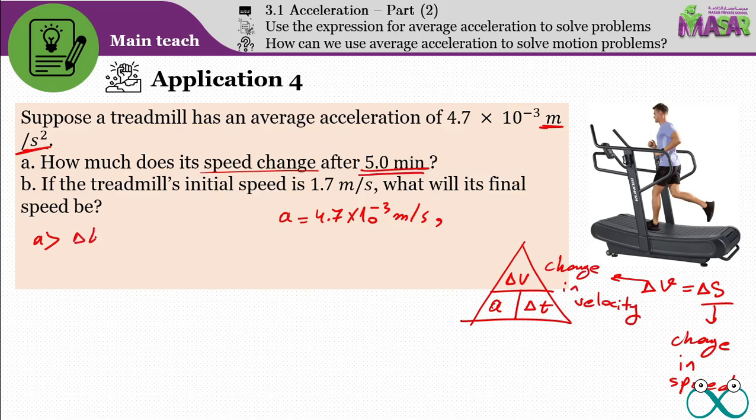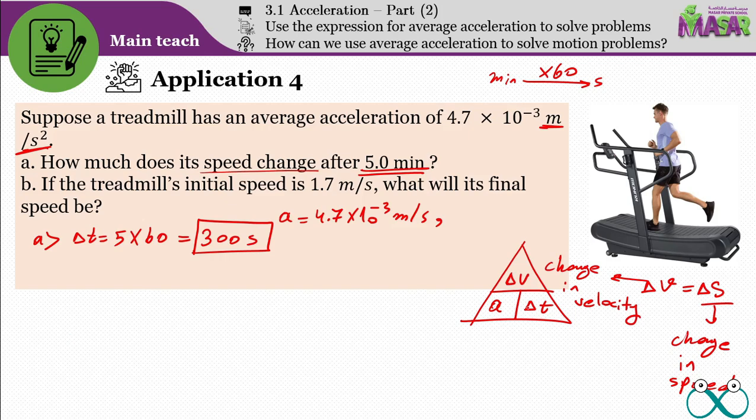We know that 5 minutes is not the SI unit for the time. We should convert it to second, and we know that from minutes to second we multiply by 60. So we just multiply by 60 and it will give us the equivalent seconds of the 5 minutes.